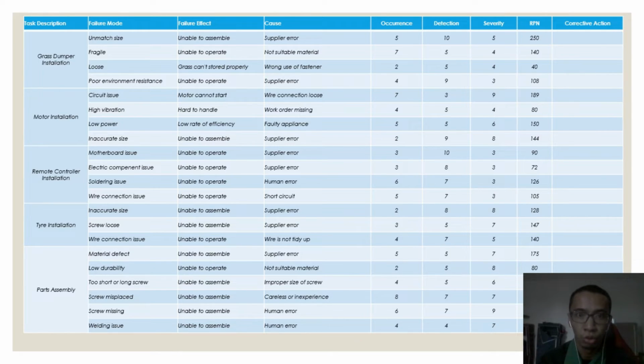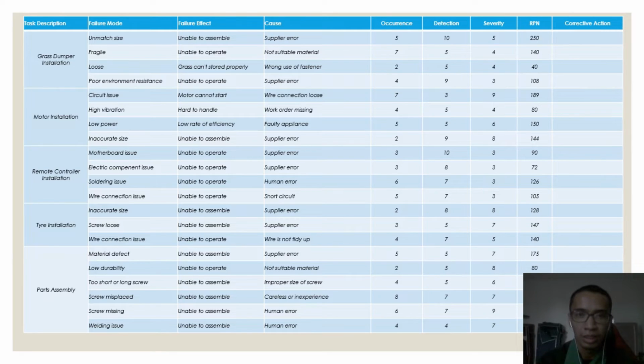Next is the remote controller installation, which also has 4 failure modes, which are motherboard issue, electric component issue, solder issue, and wire connection issue. After that, the next task description is the tire installation, whose failure modes are inaccurate size, screw loose, and wire connection issue.